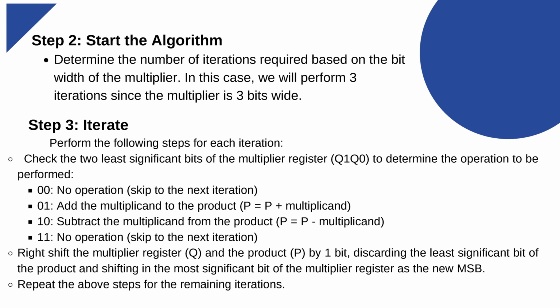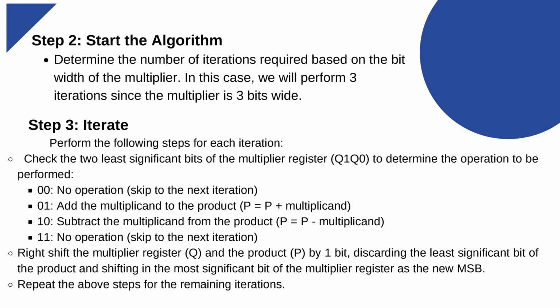Check the two least significant bits of the multiplier register, Q1 and Q2, to determine the operation to be performed. 0 0 means no operation, skip to the next iteration. 0 1 means add the multiplicand to the product, that is P equals P plus multiplicand. 1 0 means subtract the multiplicand from the product, P equals P minus multiplicand. 1 1 means no operation, skip to the next iteration.